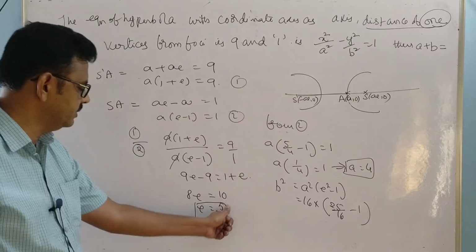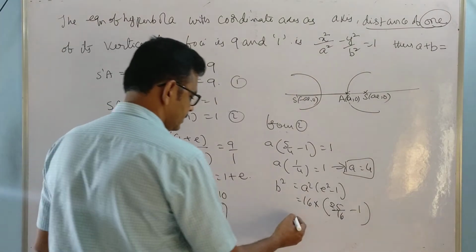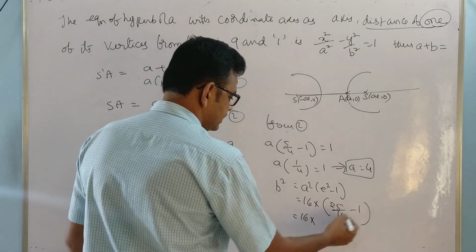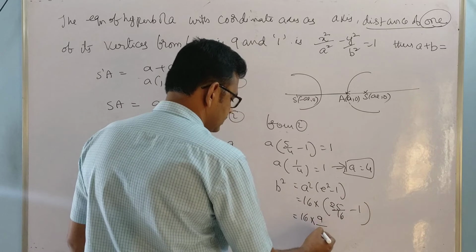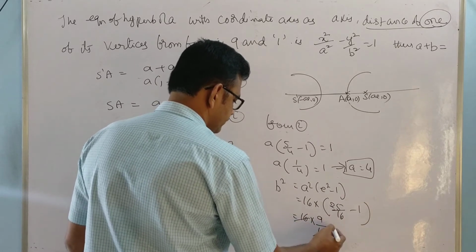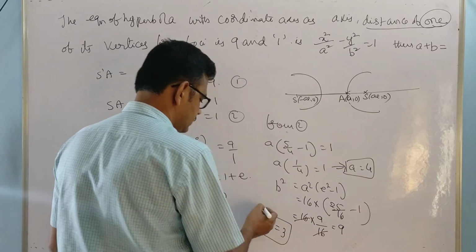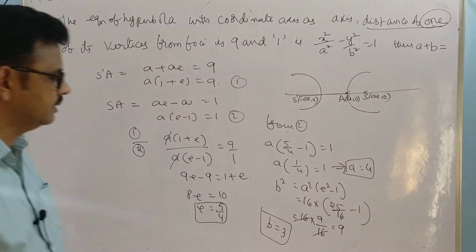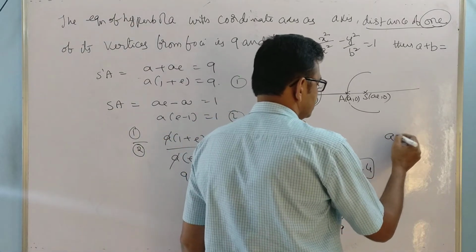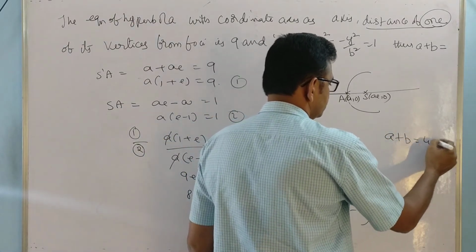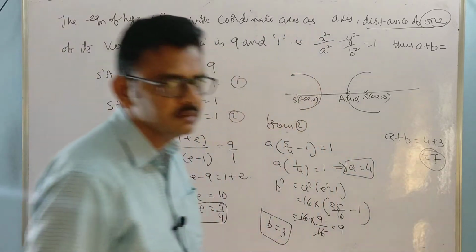Taking LCM 16, 25 minus 16, that is 9, so 9 by 16. That is 9. Therefore b is equal to 3. Now the question is a plus b, equal to 4 plus 3. That is 7. a plus b is 7.